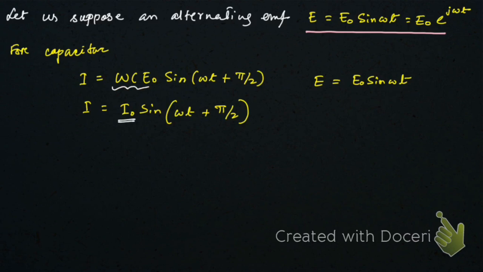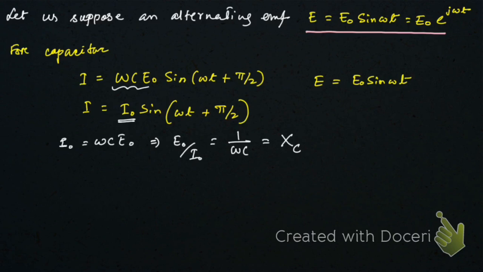So we can write I naught is equal to omega C E naught, where E naught by I naught gives you the reactance, that is 1 by omega C, which is represented by XC, the capacitive reactance. This is in real form, not in complex form.